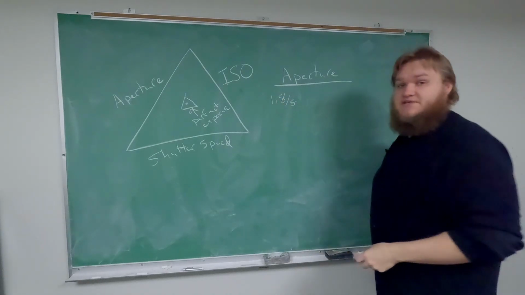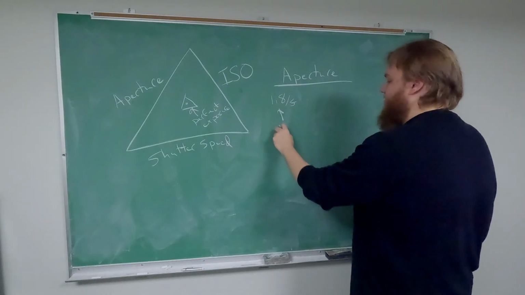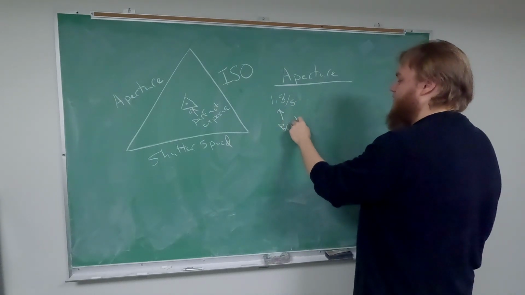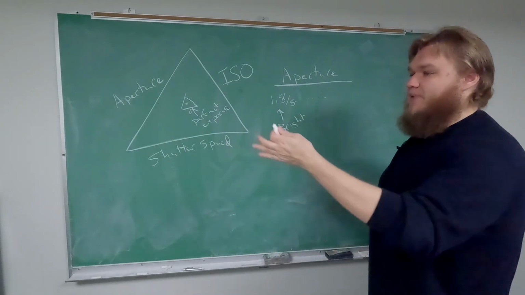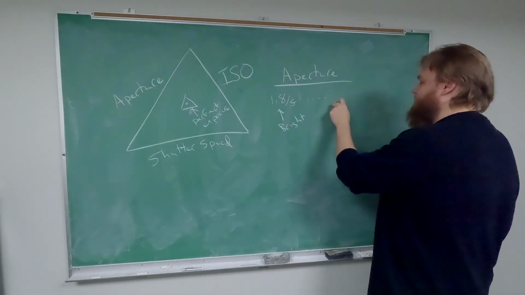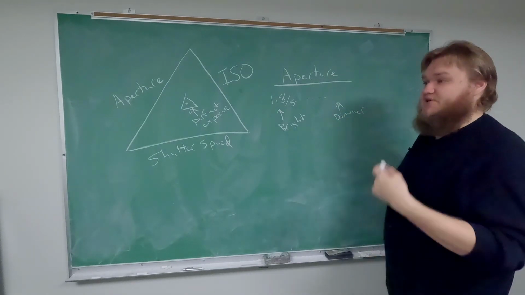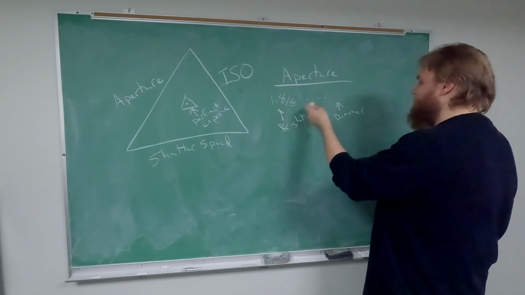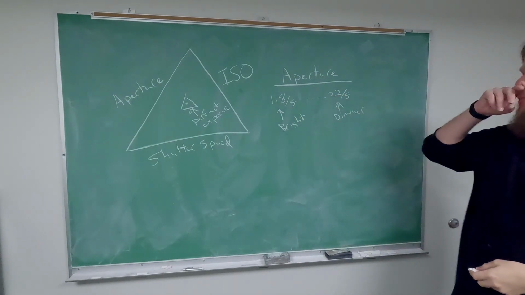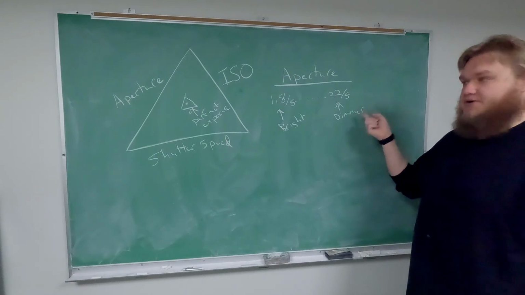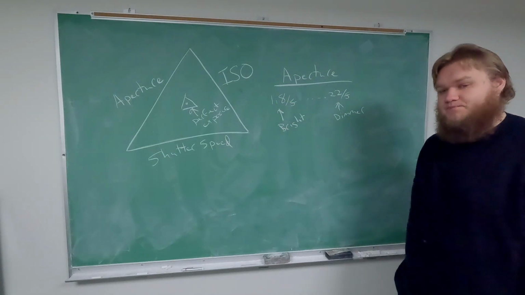You'll often see it expressed like that. Well, f1.8 is bright, and as you make it dimmer, the number goes up. So, for example, if you had a lens at f22, that is going to be significantly darker than something at f1.8. Okay?